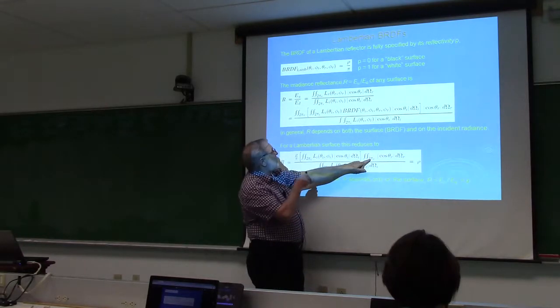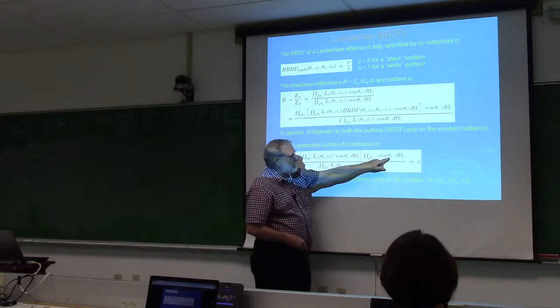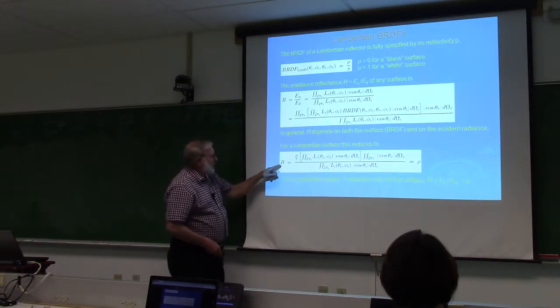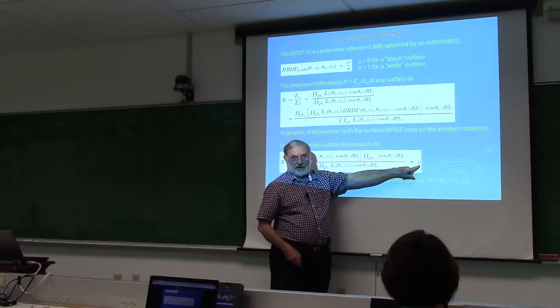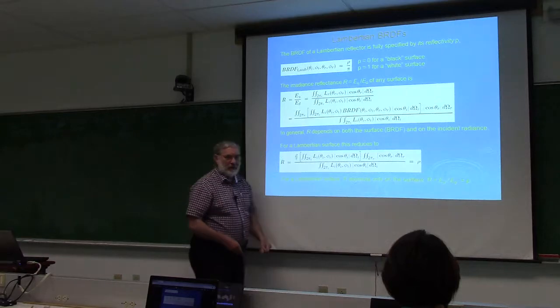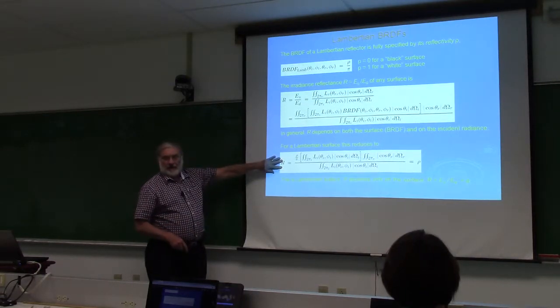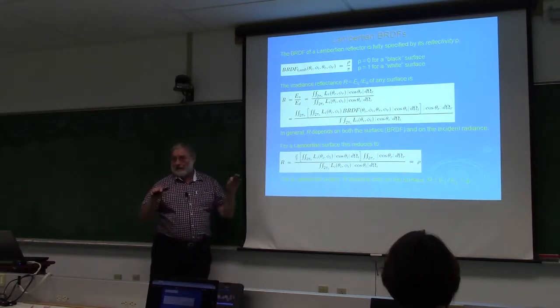And then we're just left with an integral of cosine theta for the reflected angle integrated over all the reflected directions. And so that integrates to pi, and we end up with r just being equal to the reflectance. So for a Lambertian surface, the irradiance reflectance is just this reflectivity of the surface.